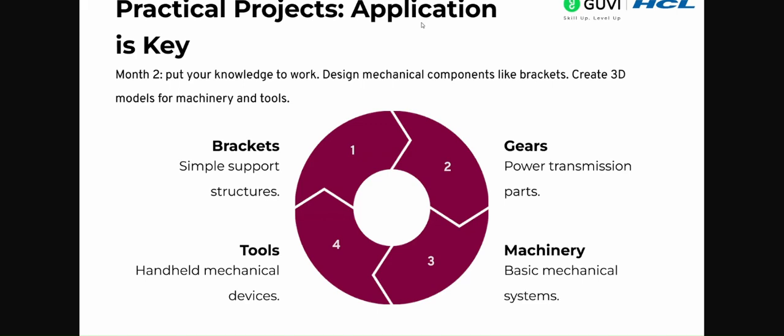So how will you practice that? Take up any project. There are some example projects, four projects which I have listed: brackets, gears, tools, machineries. You can start designing a bracket. Once you start designing any bracket, you will learn about its tolerances.